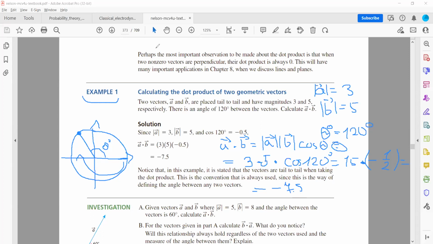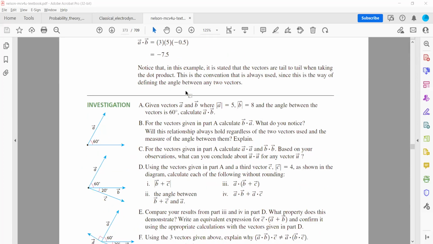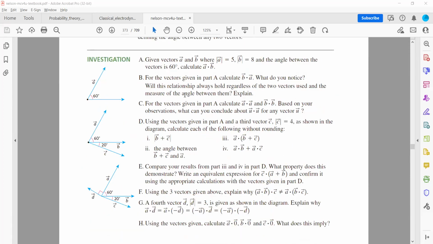In this particular case, we're talking about geometrical vectors. Maybe we'll cover some examples a bit later with component form.